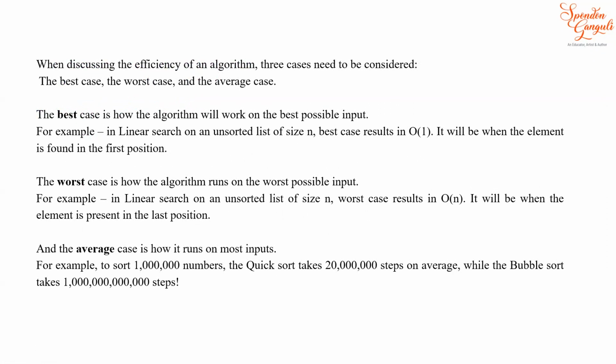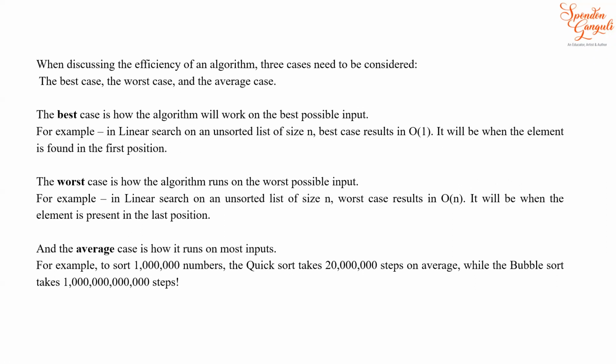One question comes here. There are three cases: best case, worst case, average case in finding the complexity of an algorithm. Now the best case is the one which has the lowest complexity. So in that order, we can say big O 1 will always be the best case for any algorithm.